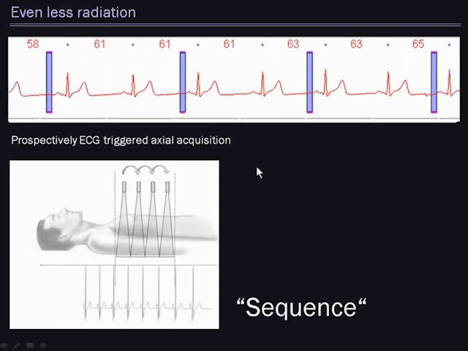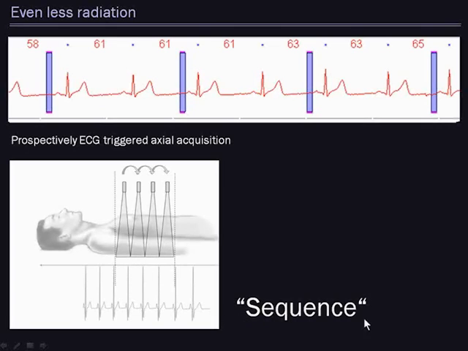If you are more experienced, you can actually change your imaging protocol and go away from spiral acquisition and instead use what is called prospectively EKG-triggered axial acquisition, which basically means the step and shoot acquisition. You acquire images at one level, then the table is advanced to the next level, and the next set of images is acquired.